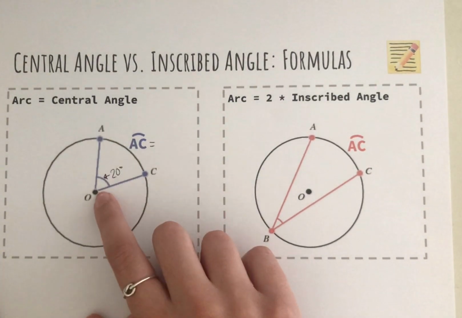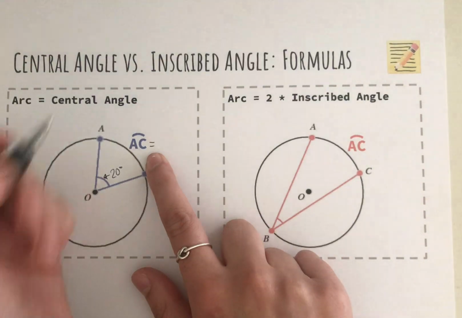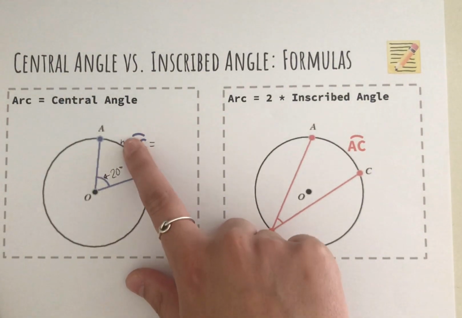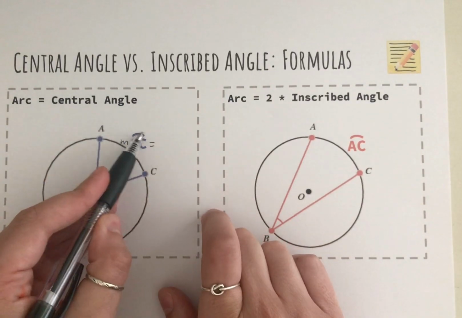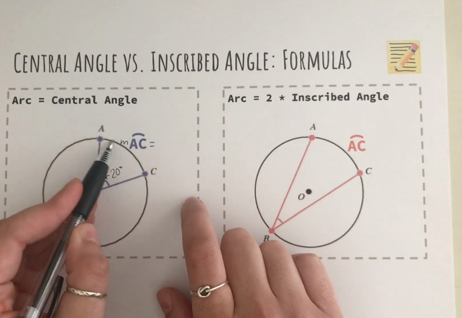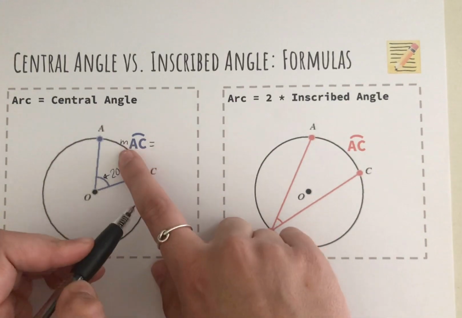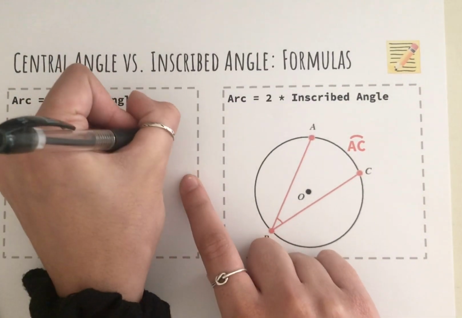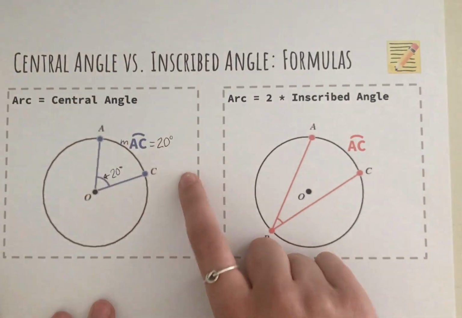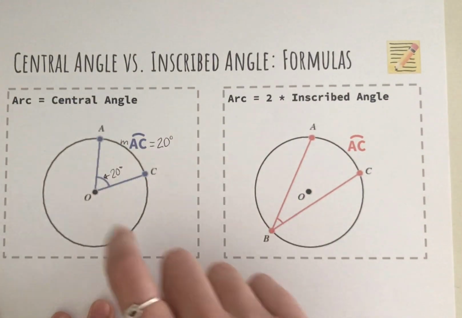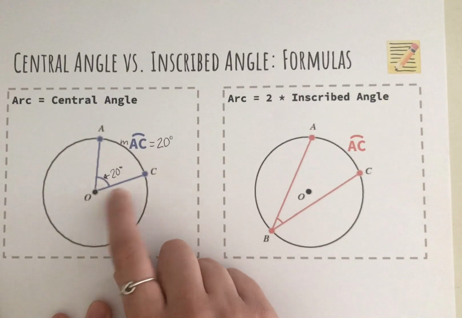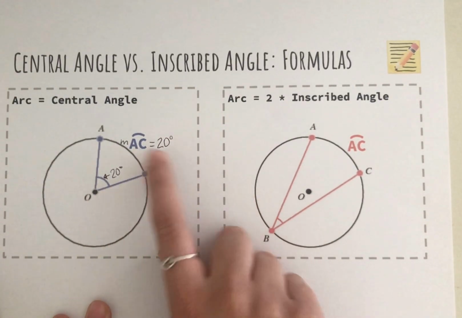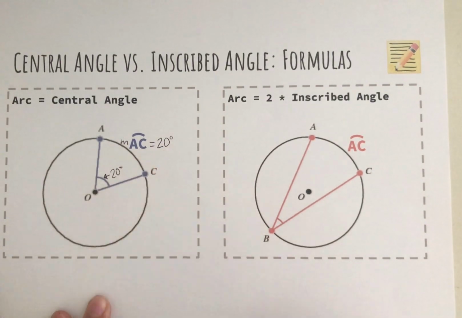So if this angle is 20 degrees, then the measure of the arc, and this is the symbol for arc, you put a little curve on top of the letters A, C. So the measure of arc AC is equal to 20 degrees. It is exactly the same. So this concept should be super simple. When you see a central angle, whatever angle it is, that is going to be the same measure as its arc. So these are the same as each other.